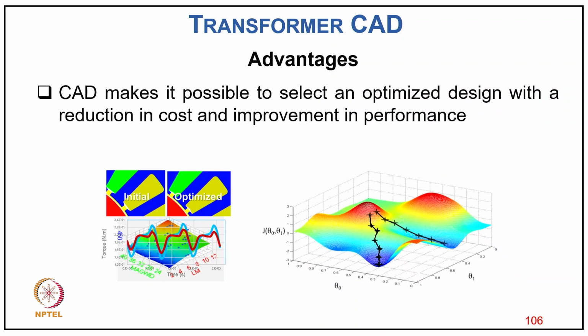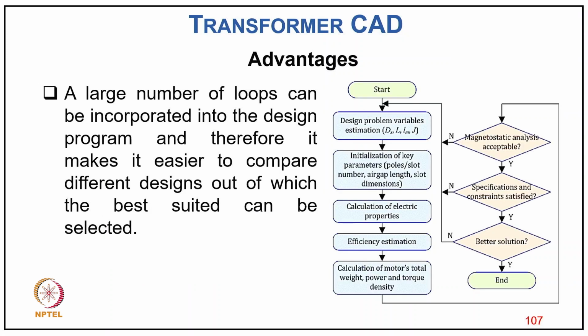CAD makes it possible to select the optimized design with a reduction in cost and improvement in performance as you go through many iterative processes, typically with different variables and temperature. A large number of loops can be incorporated in the design program, and therefore it is easier to compare different designs, out of which the best suited can be selected.